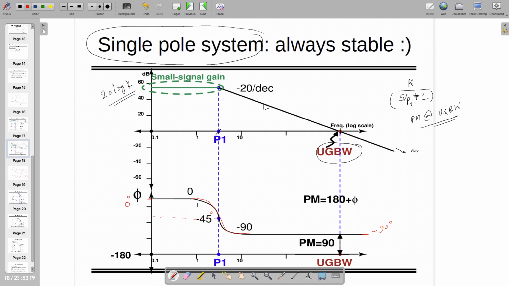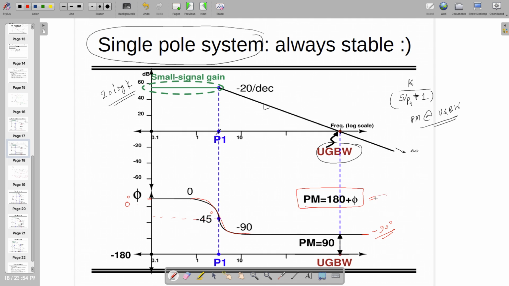So in this case 0 to 90 degree, and it's minus 45 degree, you can see that at UGBW the phase margin is measured using 180 plus contribution of phase. So you have to see what is happening at UGBW, and you have to find out the phase. So here I can see that the phase margin or available phase is minus 90 degree.